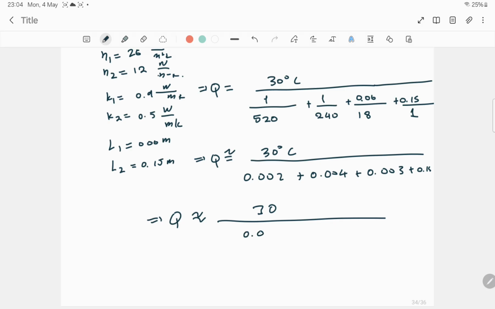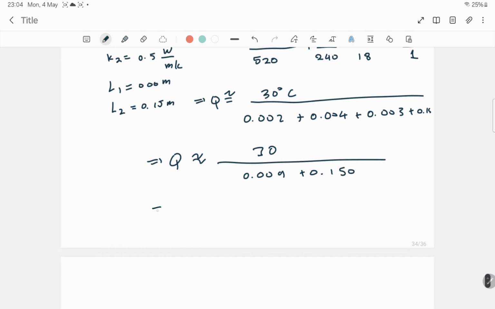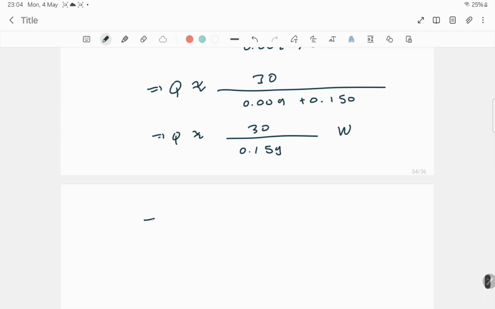So that's going to be 0.009 plus 0.15. It's going to be 188.679 watts.